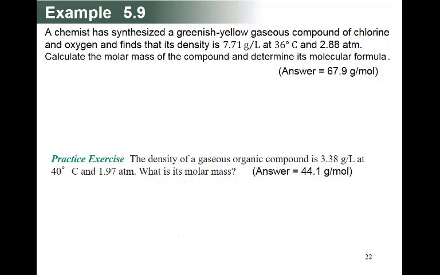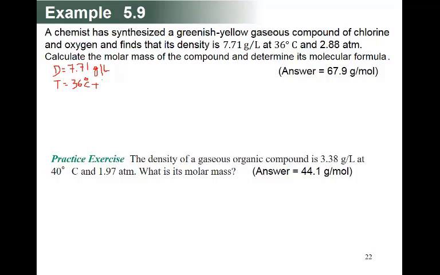Another question here: a chemist has synthesized a greenish yellow gaseous compound of chlorine and oxygen. The density is given here. Density is equal to 7.71 gram per liter, and temperature is 36 degrees centigrade.